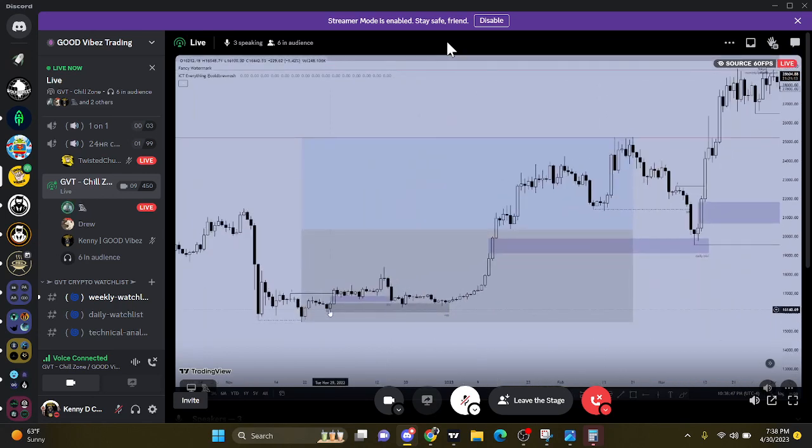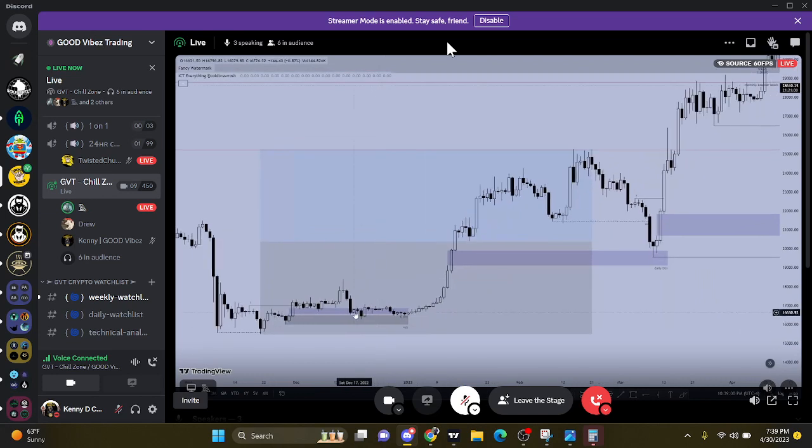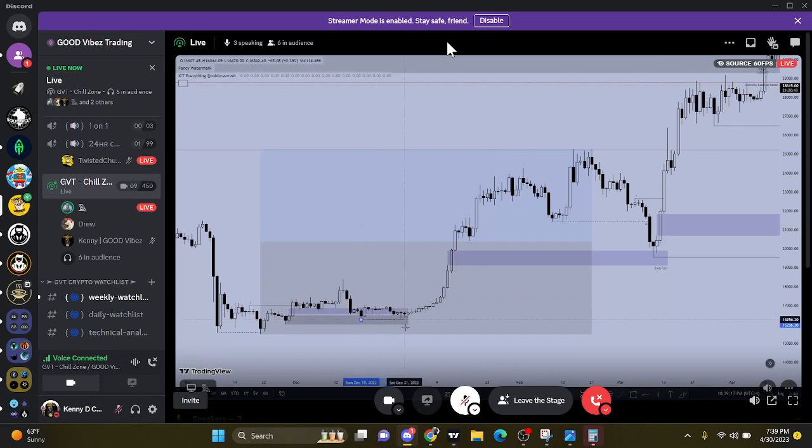So, order block characterized by displacement, fair value gap, imbalance here. Price reprices into it, takes out, what is it? A high here. Does it take out this high?